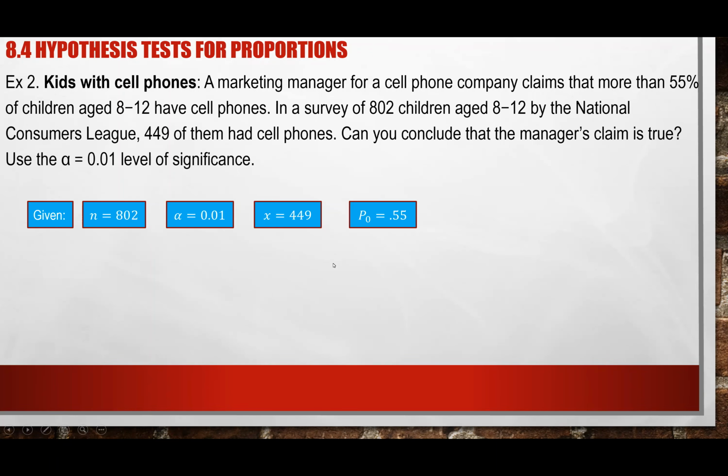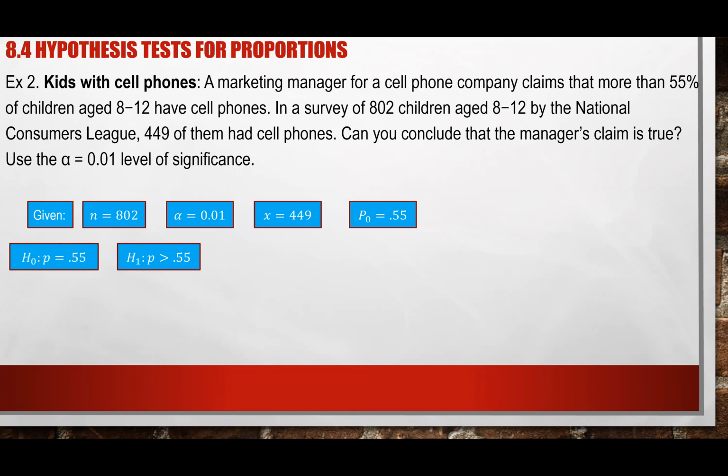Before we can do any testing, we have to ask ourselves, what is our H sub 0, the null hypothesis, and what is the H sub 1, the alternative hypothesis, right? Since P sub 0 equals 0.55, the null hypothesis will be P is equal to 0.55. The population proportion is equal to 0.55. And what does he want to test?